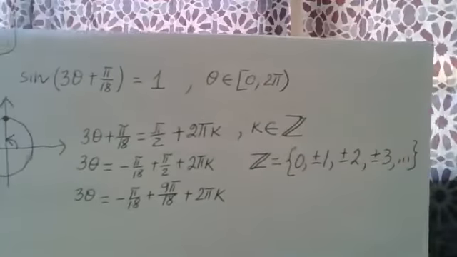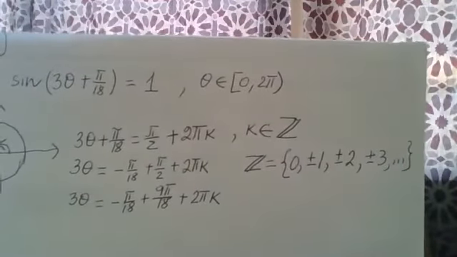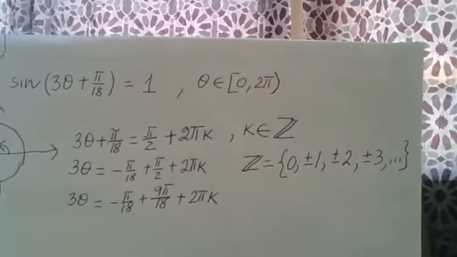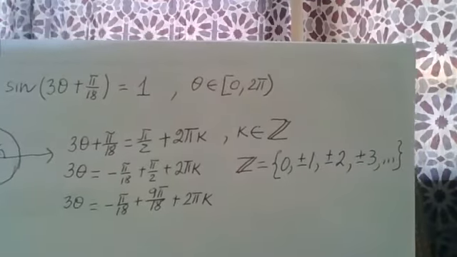This is like you will work with a regular algebraic problem. If you add these two, negative pi over 18 and positive 9 pi over 18, is it 8 pi over 18? Yeah. 8 pi over 18. Excellent. Now, dear guys, if you have a fraction which has 8 pi on the top and 18 in the denominator, what would you do?